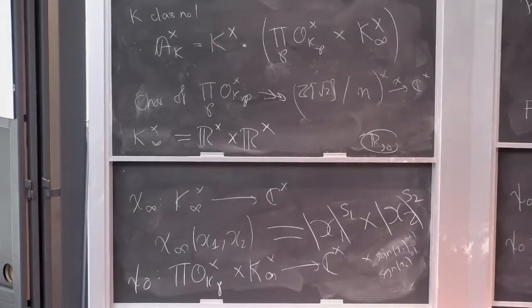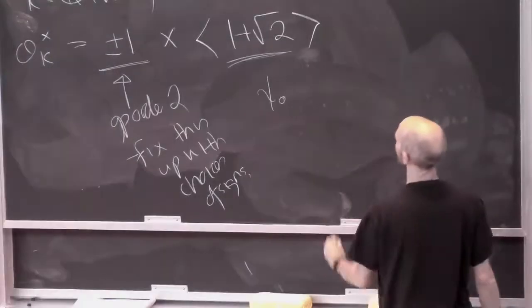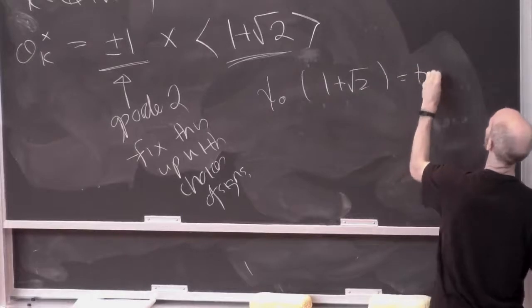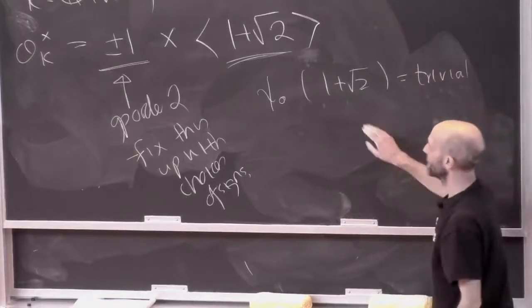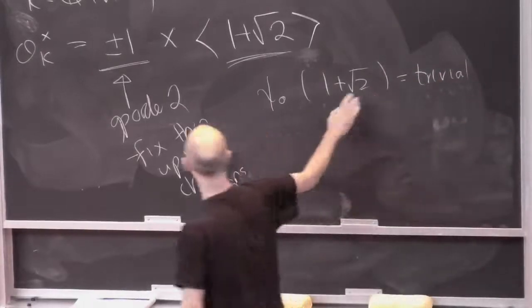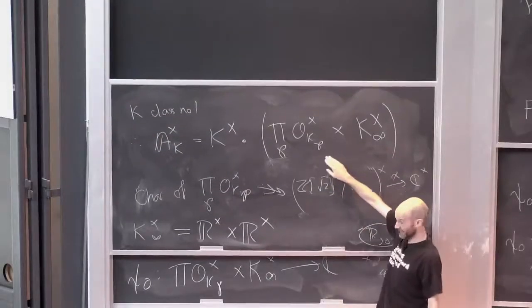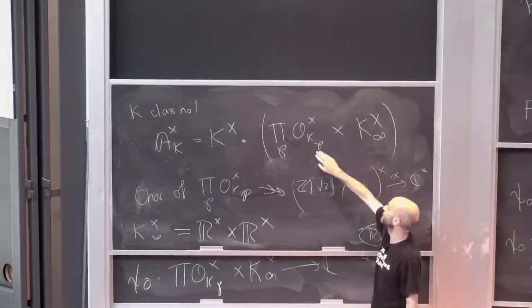So let's look at psi 0. Psi 0 of 1 plus root 2 is supposed to be trivial. Okay? So we better think about what this means. This is 1 plus root 2 embedded diagonally. By 1 plus root 2, I mean an element of k, so it's an element of k_p star for all primes p, so it's an element of O_kp star.